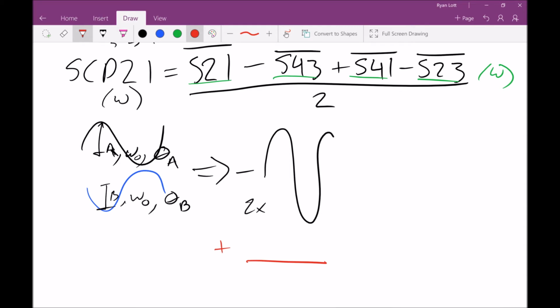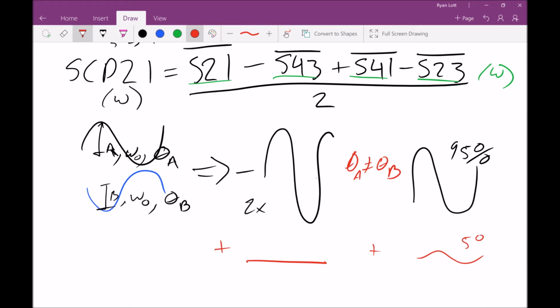But of course, there's always going to be some situations where the phase of A is not equal to the phase of B with respect to 0, and so we may get a differential component that might be 95% of the original 100% value. But when we add these, we get a very small 5% common component.